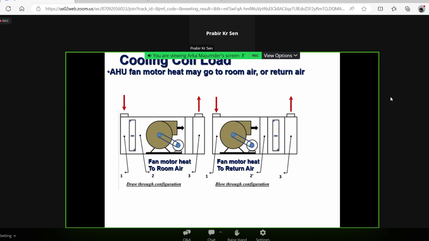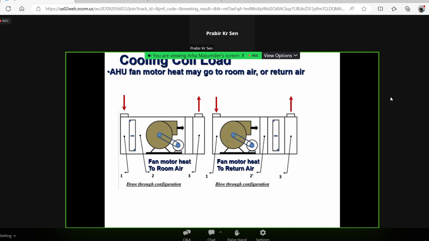So, the left one, what is happening? The air is first cooled. So cooling coil is done, cooling is done. And the air handling unit fan is after that. So after the cooling is done, my fan motor gives heat. So that will not come in the return air.